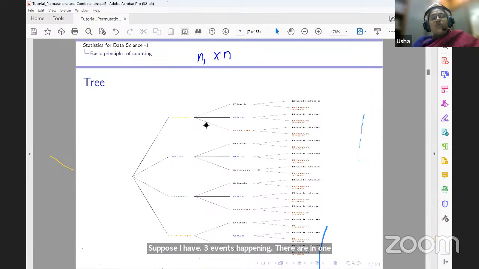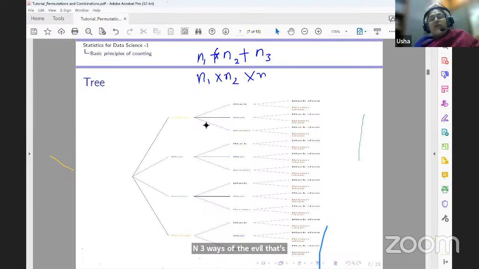There are n2 ways of the second event happening. There are n3 ways of the third event happening. Then if I use addition rule, there are n1 plus n2 plus n3 ways of the events happening. For multiplication rule, it is n1 into n2 into n3 ways of the events happening.